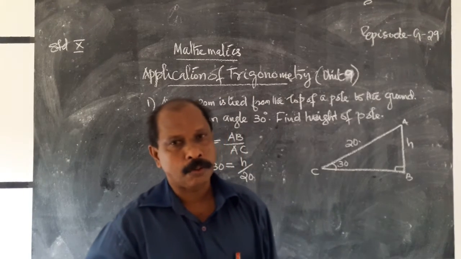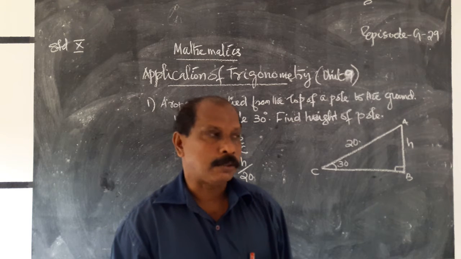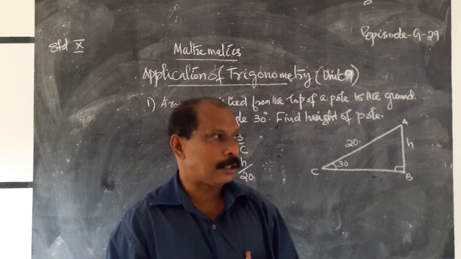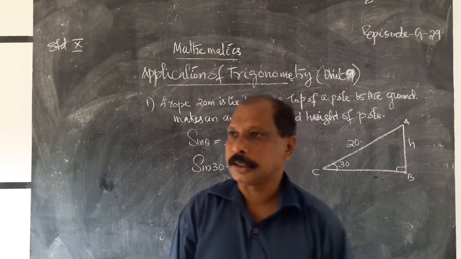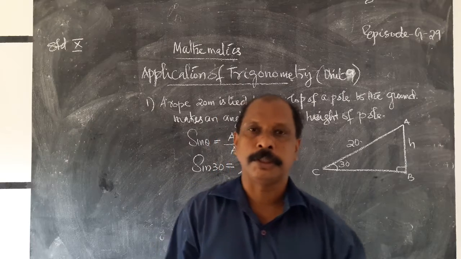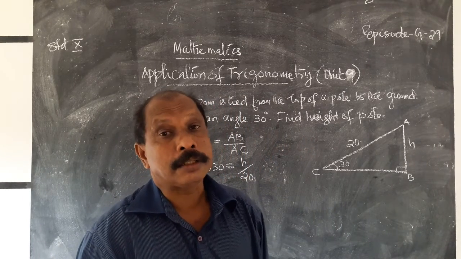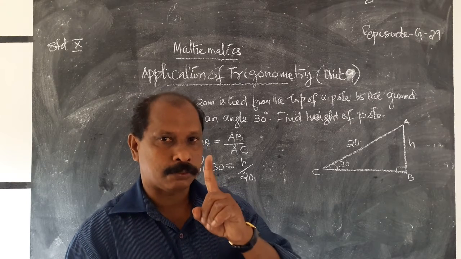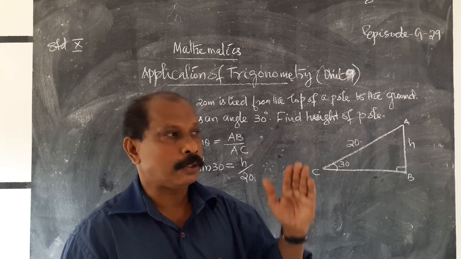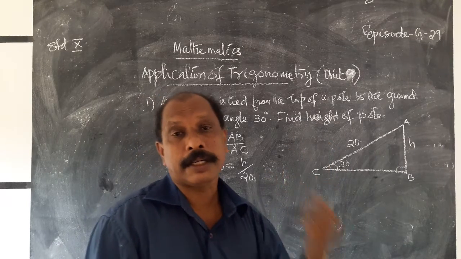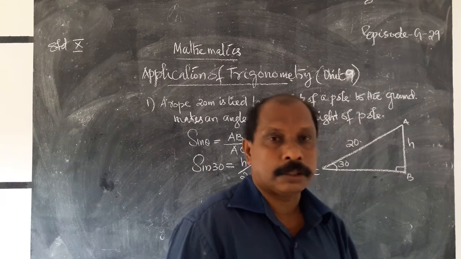Cos 0 is 1, cos 30 is root 3 by 2, that is, sin 60 and cos 30 are equal, cos 45 is 1 by root 2, cos 60 is equal to sin 30, that is 1 by 2, cos 90 is 0. Tan 0 is 0, tan 30 is 1 by root 3, tan 45 is 1, tan 60 is root 3, tan 90 is not defined. Using these values we can find the sin, cos or tan.